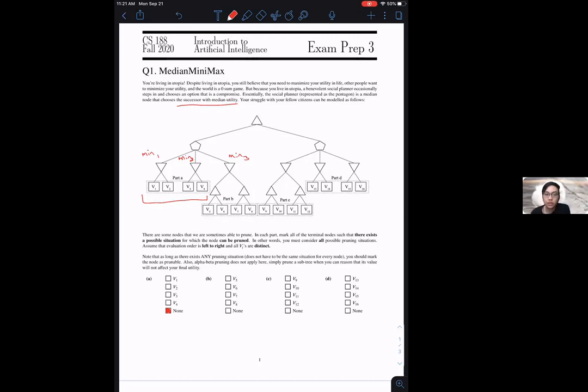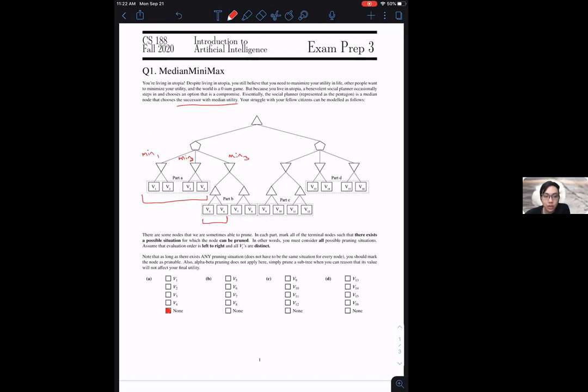And then from there, we could determine the value of the median node as either being min1, min2, or some minimum of min1 or min2, where knowing some values in the subtree of min3 allows us to come up with a bound on the value that the median node can take.